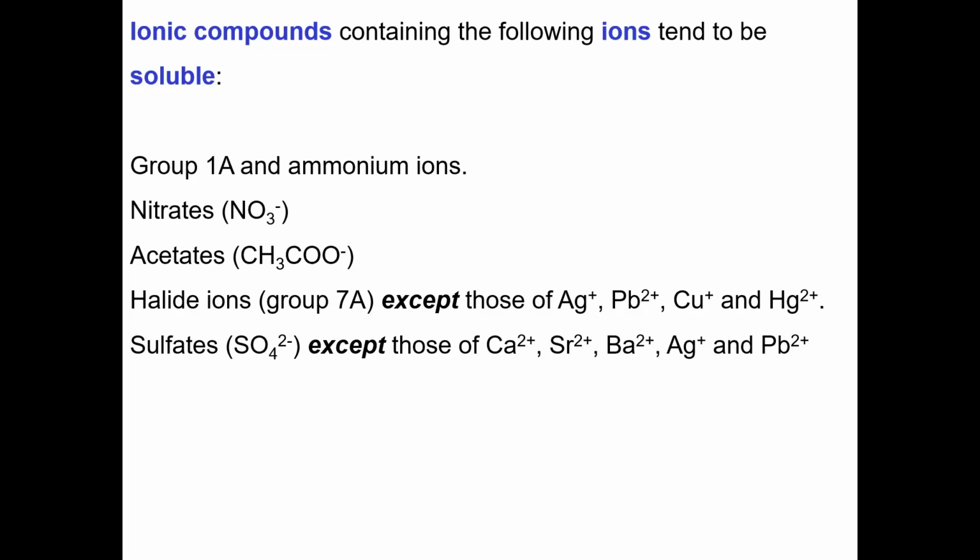So the way that we're going to identify whether an ionic compound is soluble or not is by using solubility rules. And so first we want to remember the solubility rules for ionic compounds that tend to be soluble. Ionic compounds containing the following ions tend to be soluble. Group 1A cations and the ammonium cation.